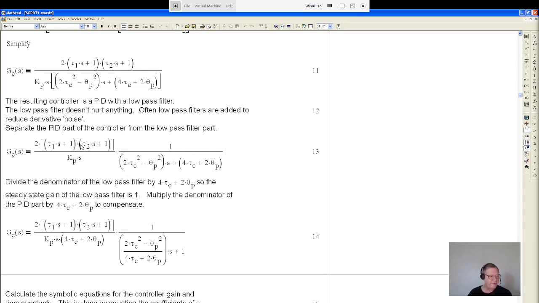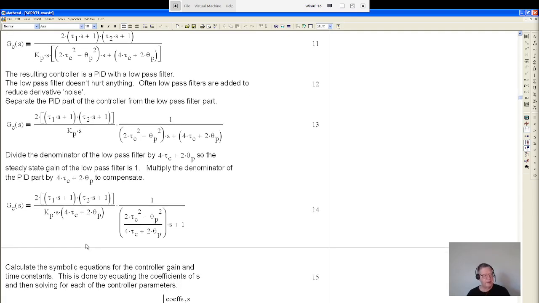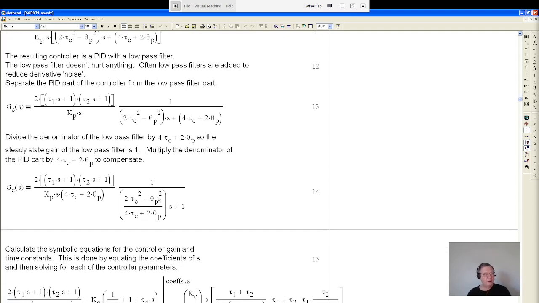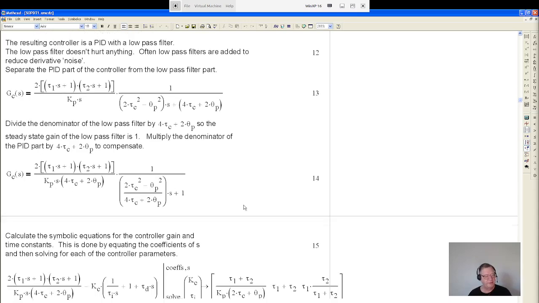And then because the whole term is multiplied, I have to divide by this term in the controller gain. So now I have the low pass filter, and when S is equal to 0, the gain will be 1, which means at low frequencies, the low pass filter will have no effect. And this is the closed loop or the controller gain or the controller transfer function.